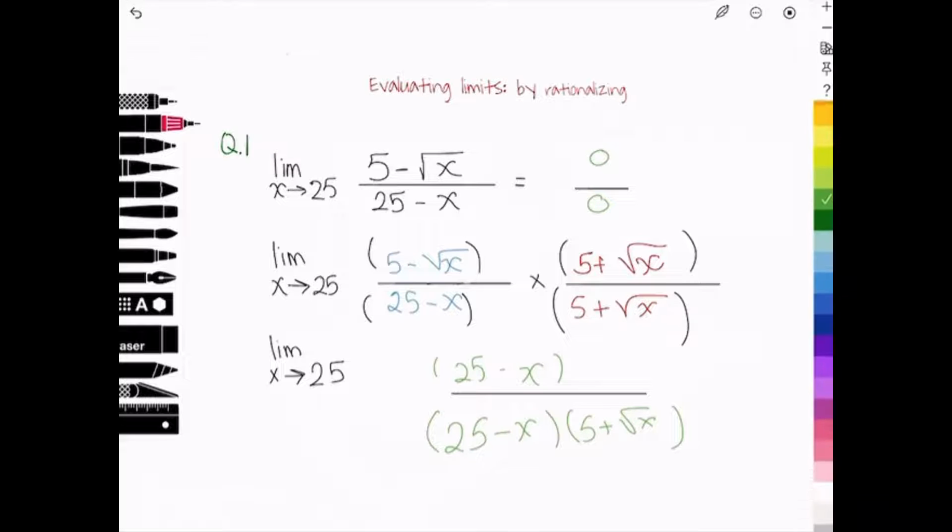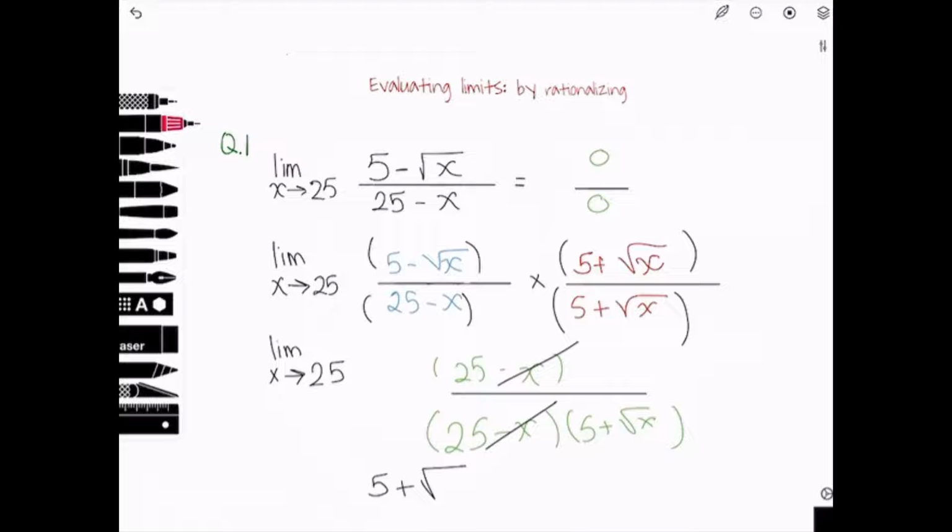There is a common factor, which is 25 minus x, and we will cancel it out. We're left with 5 plus square root of x. So what do we do now? We substitute x by 25, and the answer would be 1 over 10.